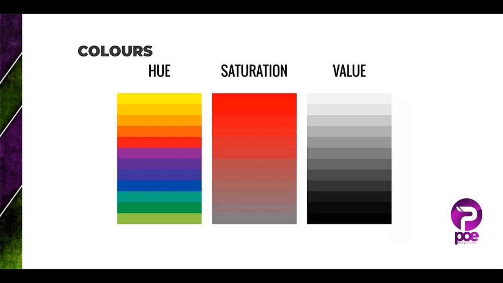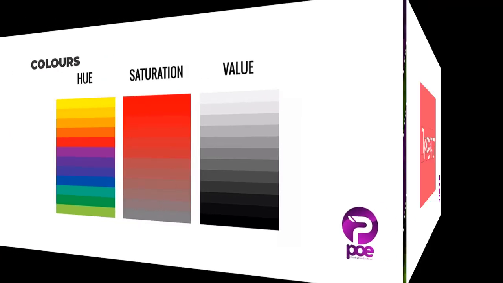The value is how light or dark the color is, and the saturation is the purity of the color. How vibrant, how saturated, how pure is that color?